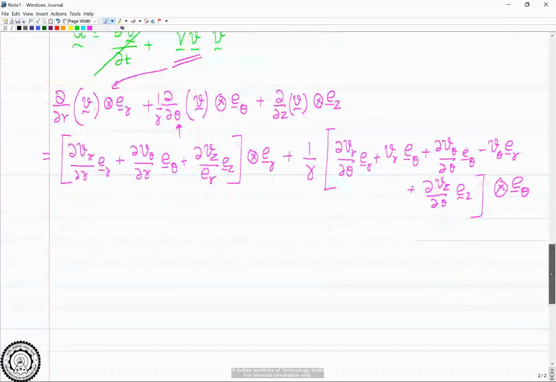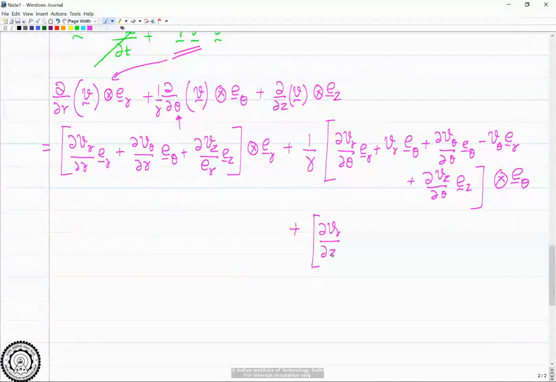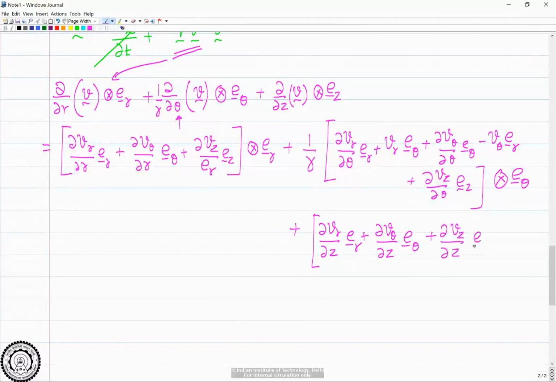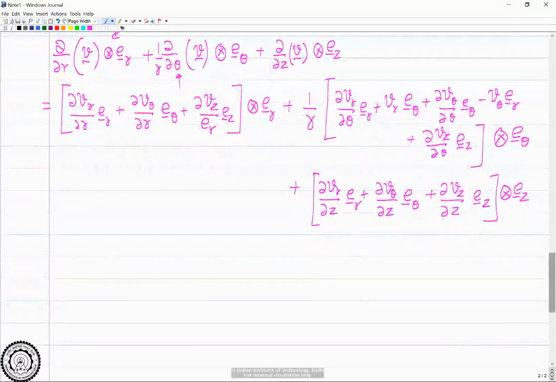Okay, and then the last one, this is easy again because basis vectors we don't have to take the derivative. So this is del Vr by del Z Er plus del V theta by del Z E theta plus del Vz by del Z Ez, tensor product Ez. Are you guys with me? So this is the gradient.